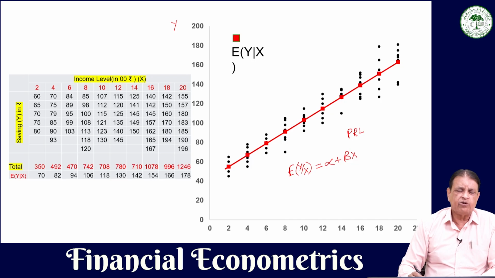One reason I have told you is the other variables which you have assumed as constant, but actually they are not constant, they are changing. There may be measurement error and there may also be specification error, and the influence of all this can be expressed by a random term. If we do that, then we can write the actual values of y as expected value of y given x plus u.